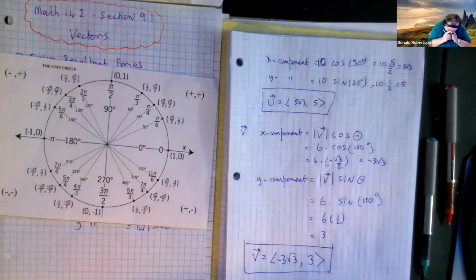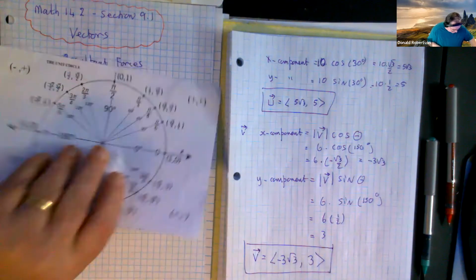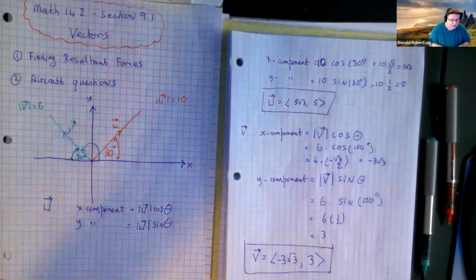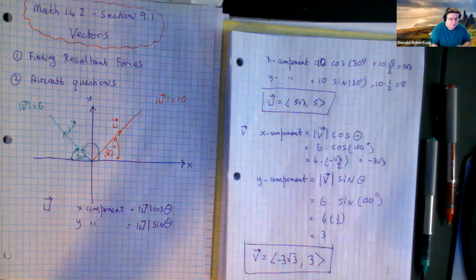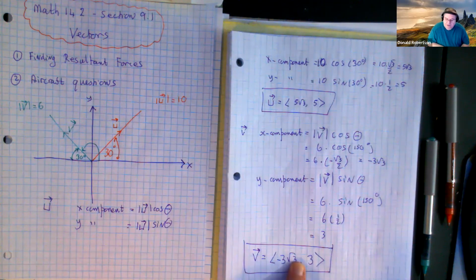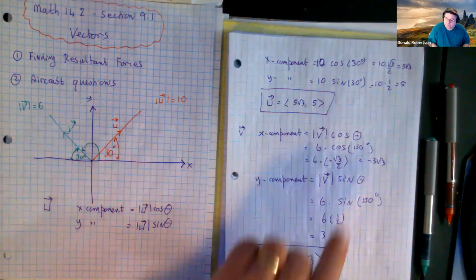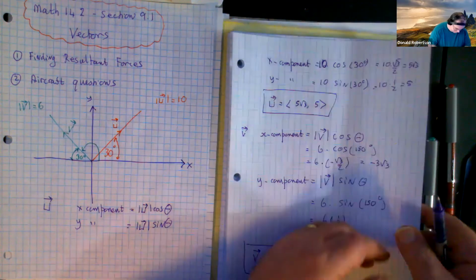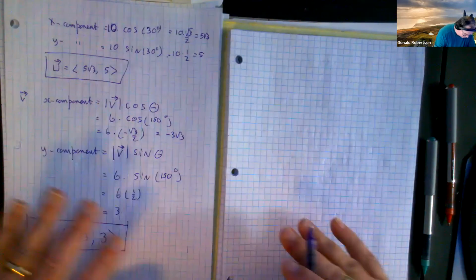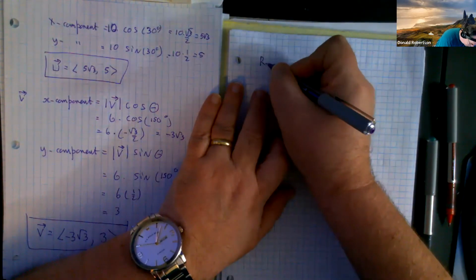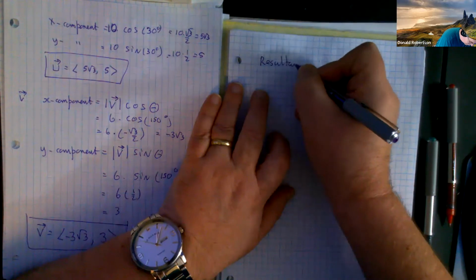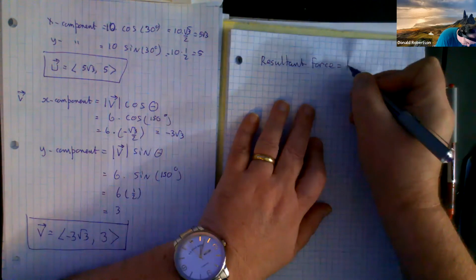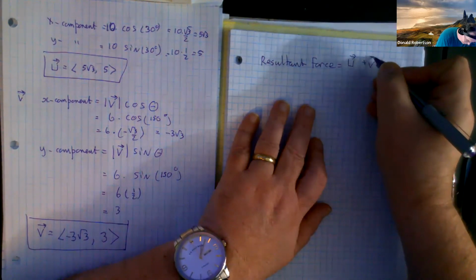So when you're being asked to find the resultant force from a picture where there's 2 or more vectors pulling from the origin in different directions, as they are here, with different amounts of force as well, this is V and this is U. And then the resultant force, which is why this feels like a physics class, is you add the 2 vectors together.